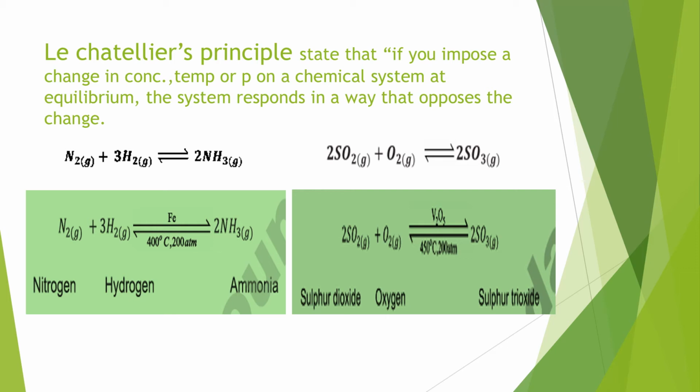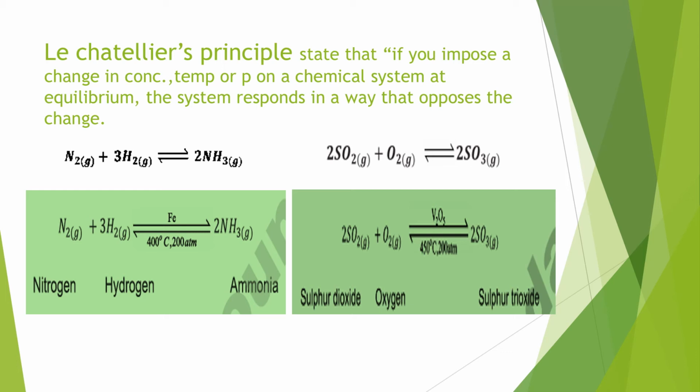It means if you change the concentration or the temperature or the pressure, what will happen to that chemical system? The system will respond in a way to minimize the effect of this change.